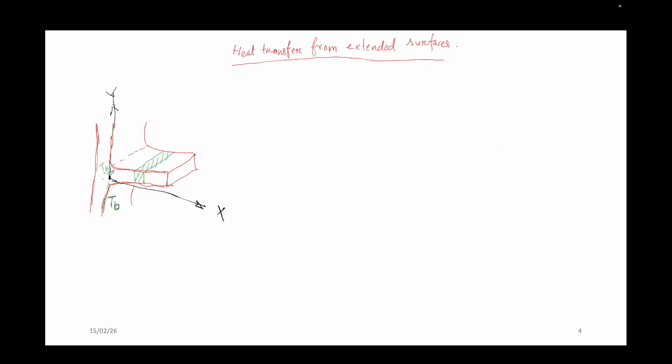So this point, this is your origin, right? So this small portion is your del x, and which is at a distance of x from the origin. Is it clear up to this?